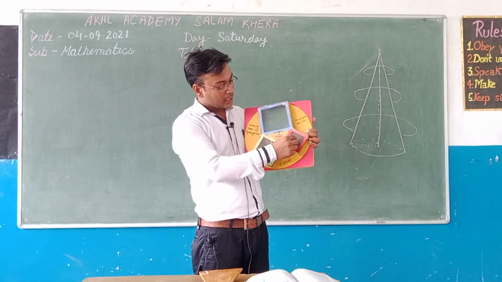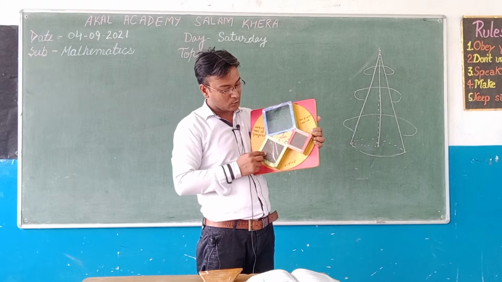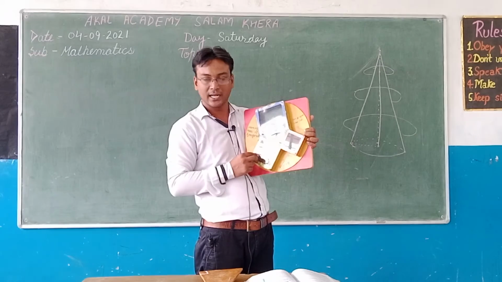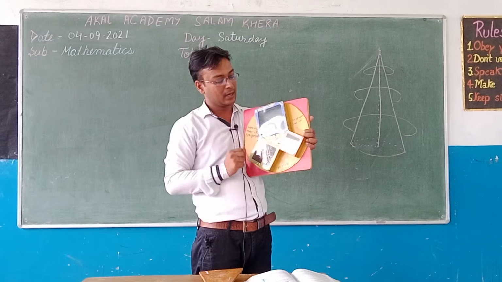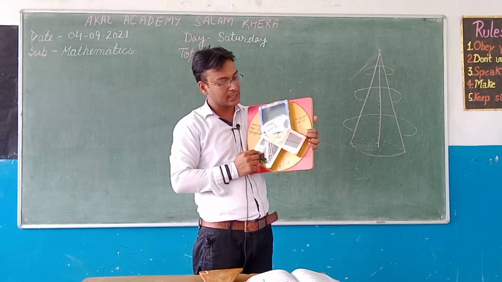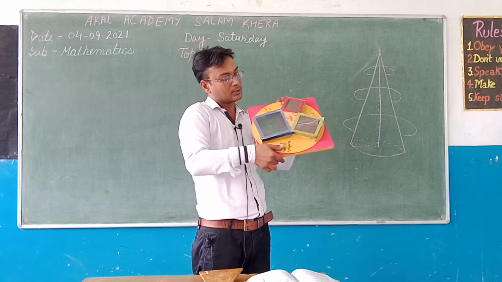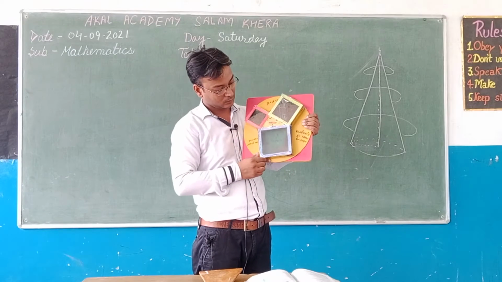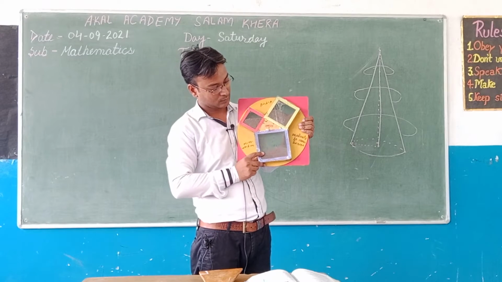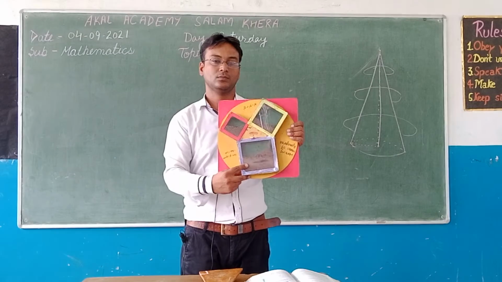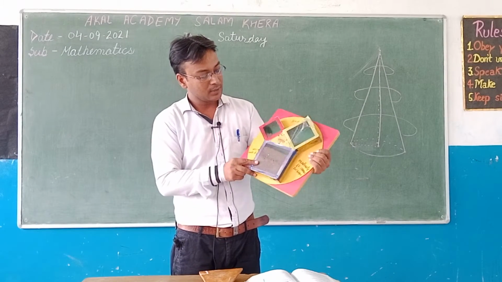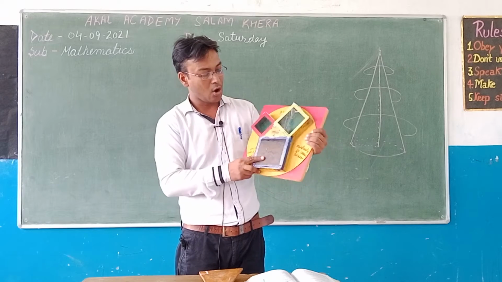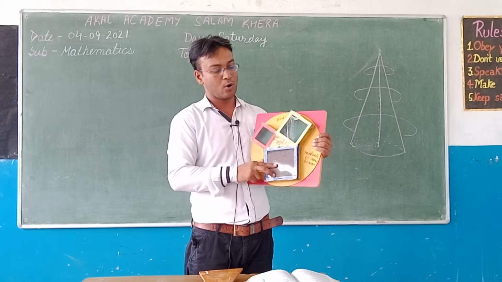Students, in these two square boxes you can see mustard seeds, and this box is empty. When you pour these seeds into this box, it will cover the space of this largest box.